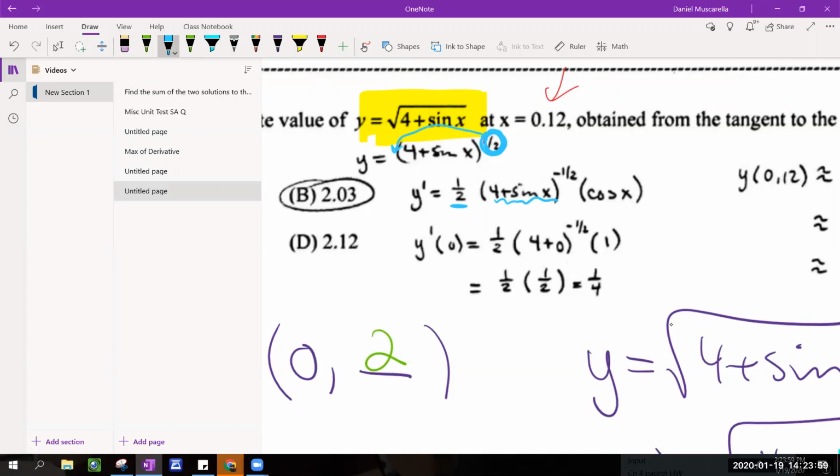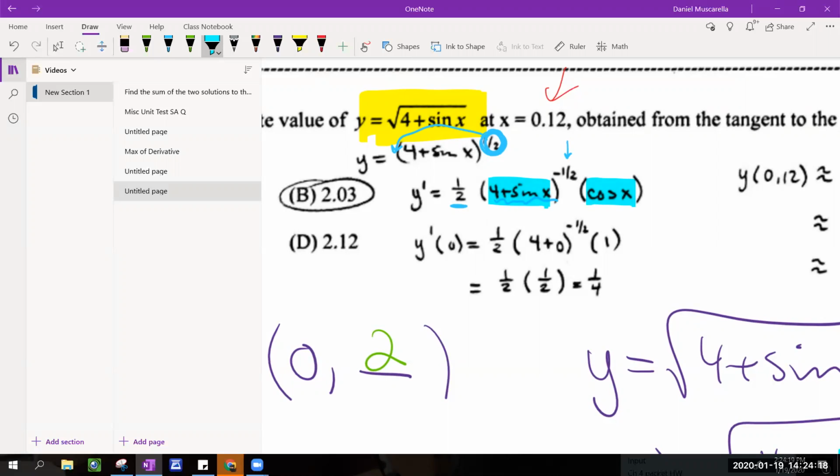And then you've got your inside function, 4 plus sine of x, subtract 1, and that gives us our new exponent of -1/2. But then be really super careful. Don't forget to take the derivative of the inside piece. So that's chain rule. And the derivative of 4 plus sine of x is cosine of x.